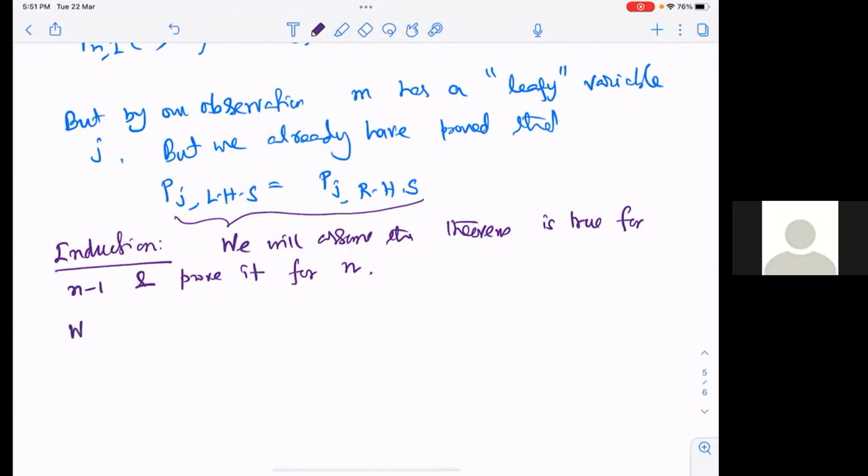We focus on only j equal to n. Any other case is symmetric.